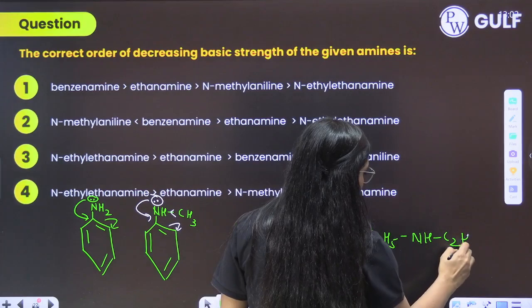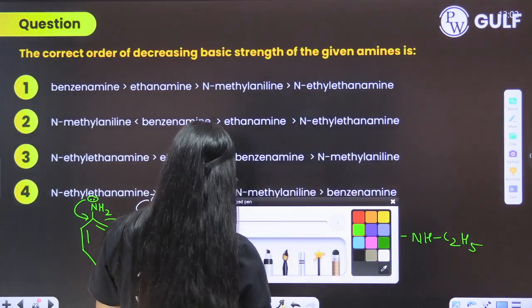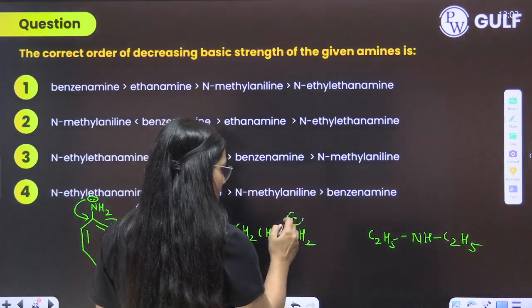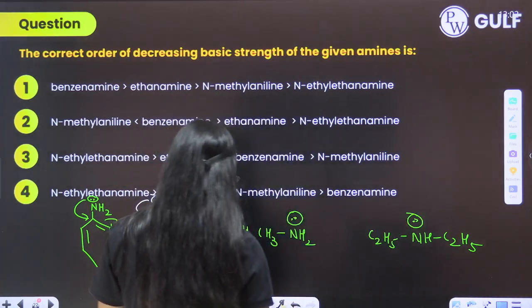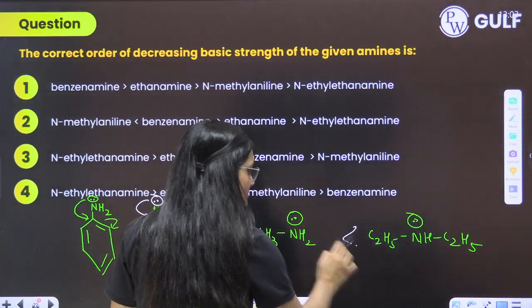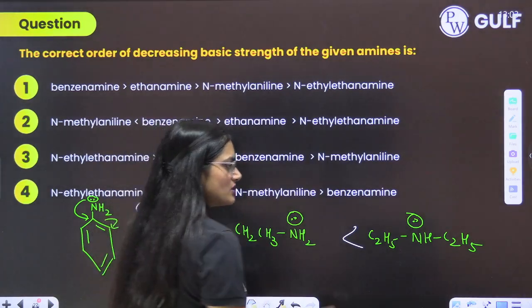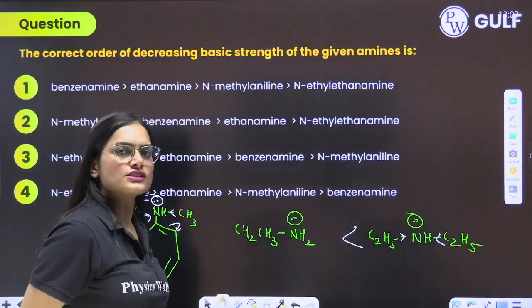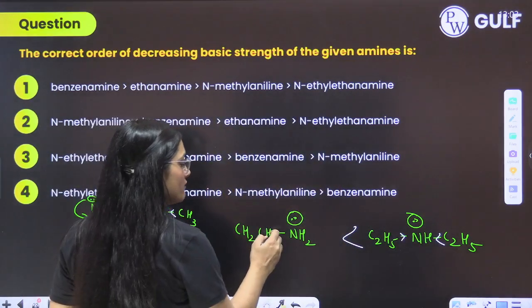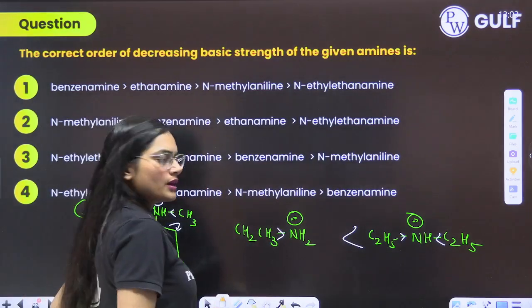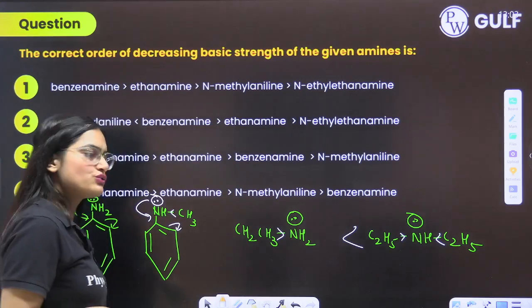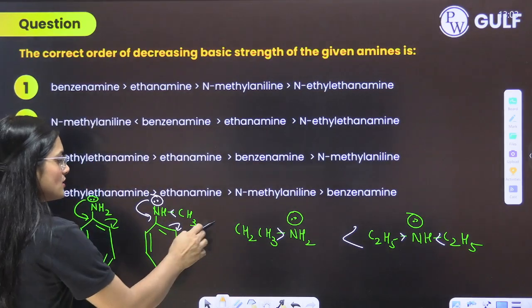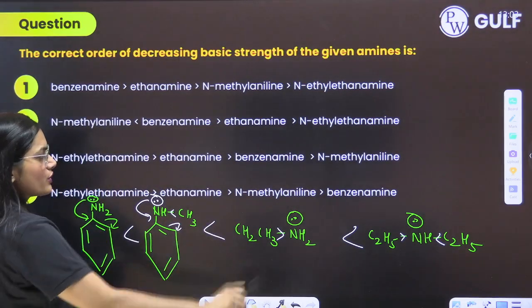Beta, here nitrogen has a lone pair. Its basic strength would be maximum. Why would its basic strength be maximum? Because of the 2 plus I effects. There is an increased electron density on the nitrogen, while here there is only one electron donating group increasing electron density on nitrogen. So this is the increasing order of their basic strength.